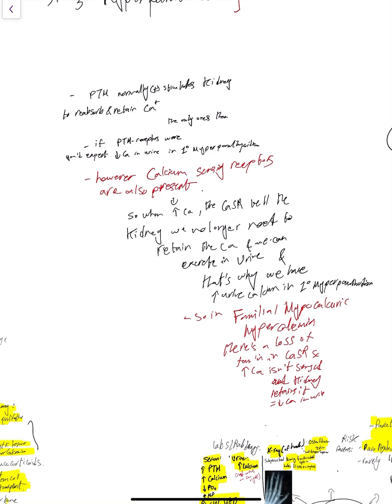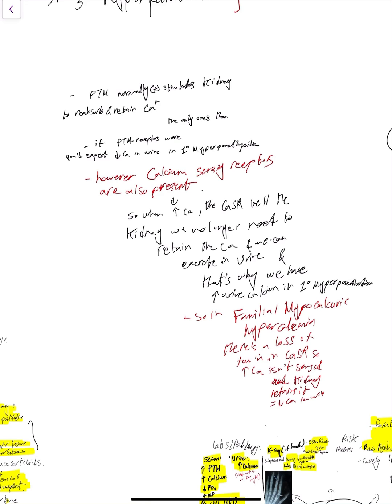Now, there is a condition in which those calcium sensing receptors are not working well. There's a loss of function, and that is called familial hypocalciuric hypercalcemia. It is autosomal dominant and is associated with loss of function of those receptors.